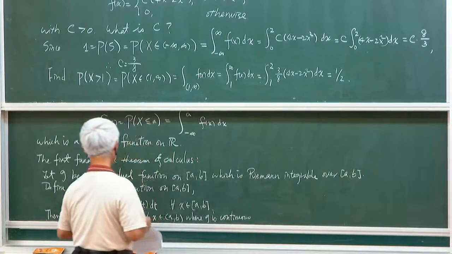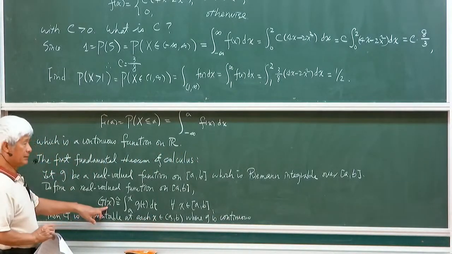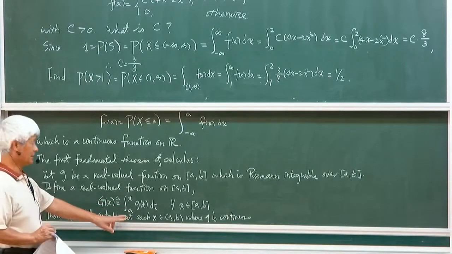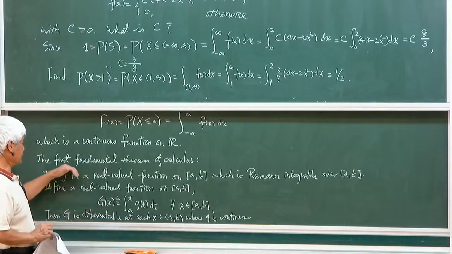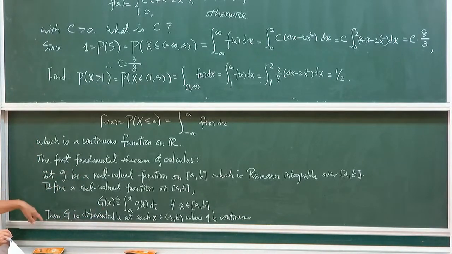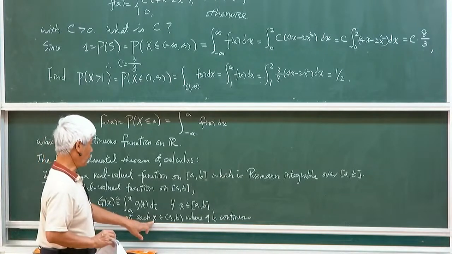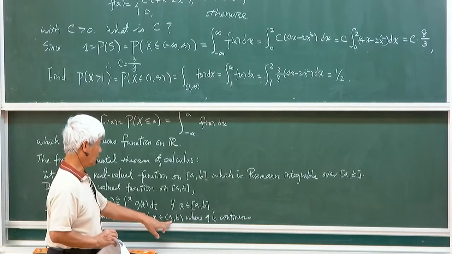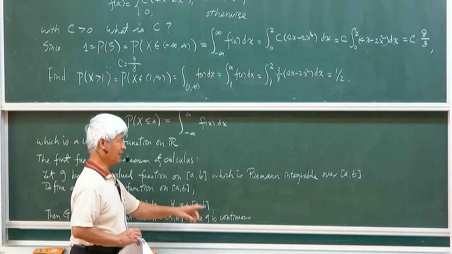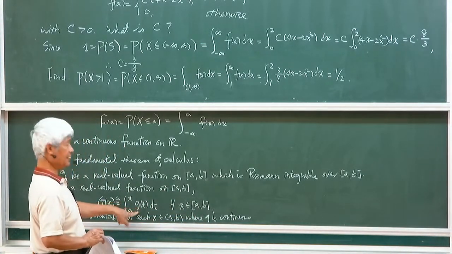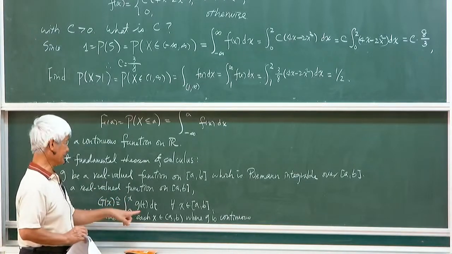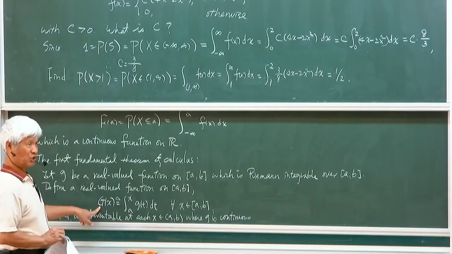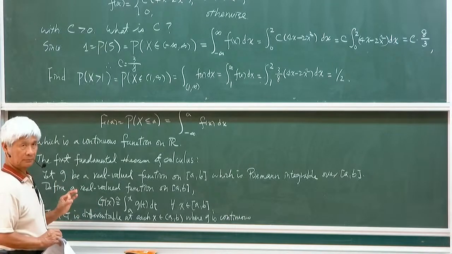Okay. So, because big G is an indefinite integral of little g, a conclusion of the first fundamental theorem of calculus is that big G is differentiable at each point x in the open interval where little g is continuous. So when the integrand little g is continuous at a point x, then big G is differentiable at that point.